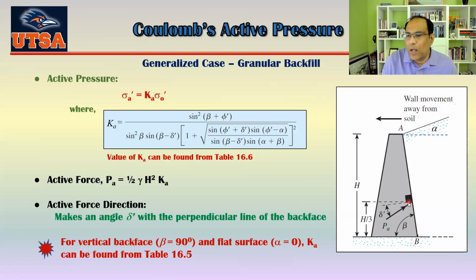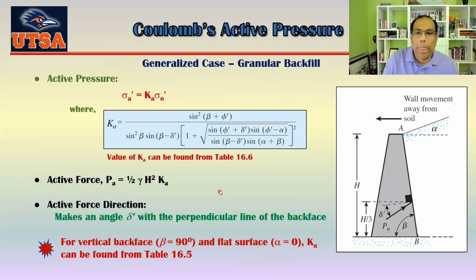This is the horizontal line, and this is the perpendicular line to that surface. Coulomb's active pressure always makes delta prime angle with this perpendicular line.